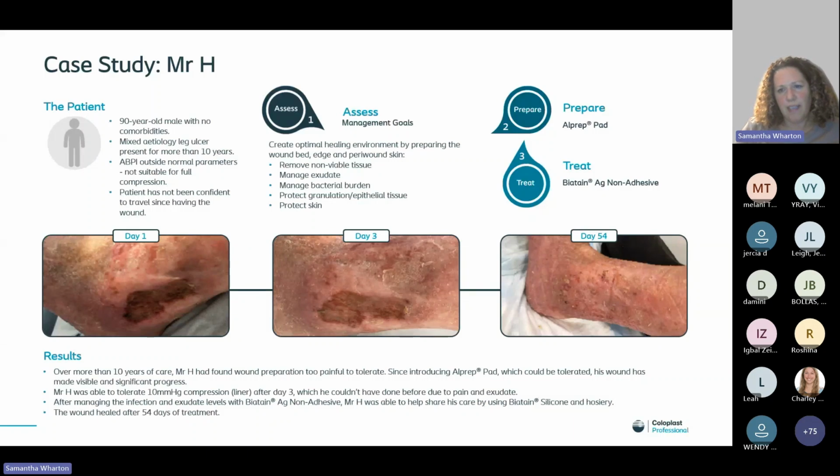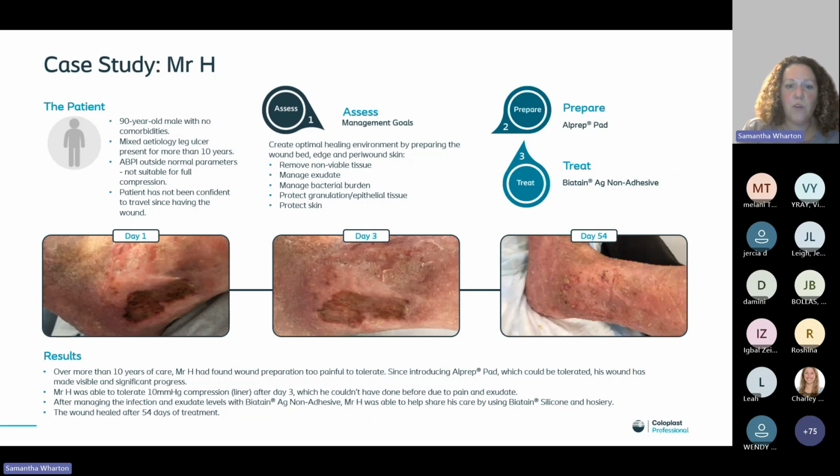And as you can see, by day 54, the wound was progressing really, really well and on to healing. So after more than 10 years, he was actually healed just following that really simplified 3-step approach of assess, prepare with all prep pad and treat.